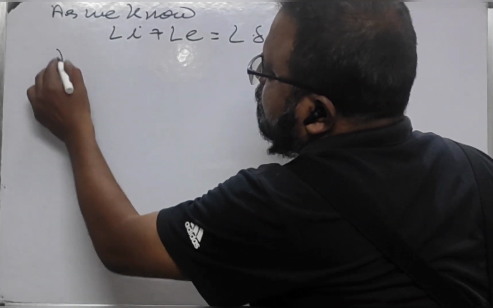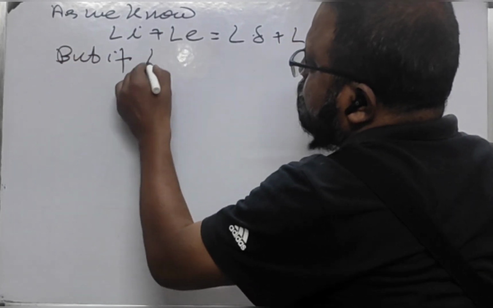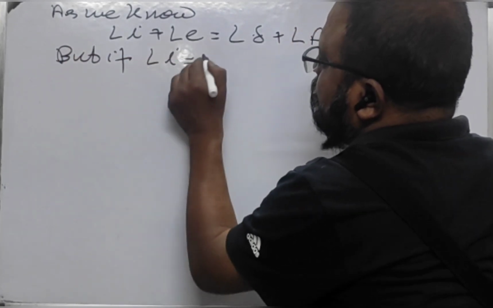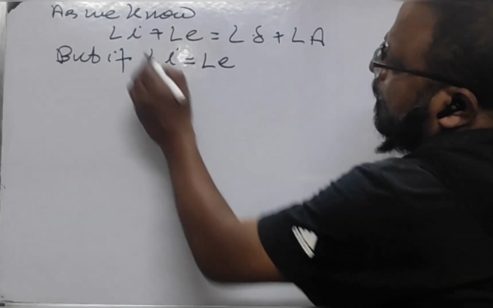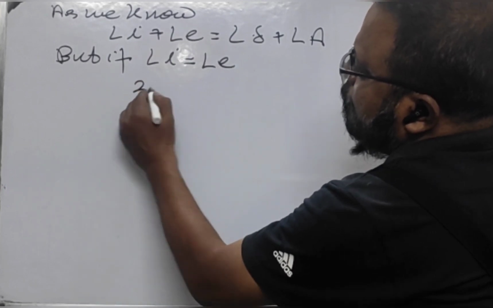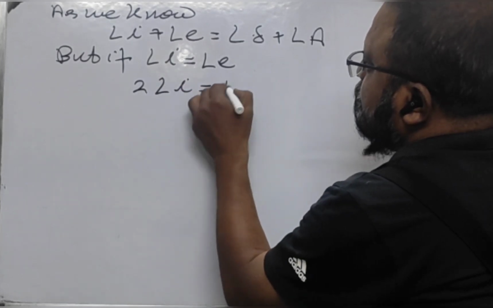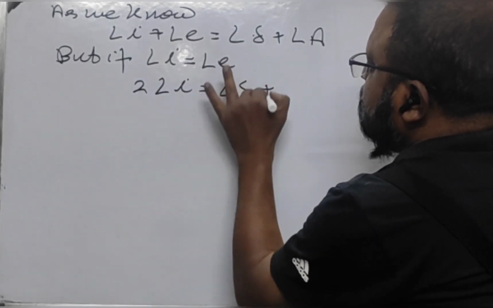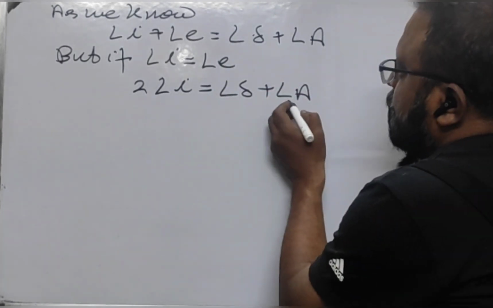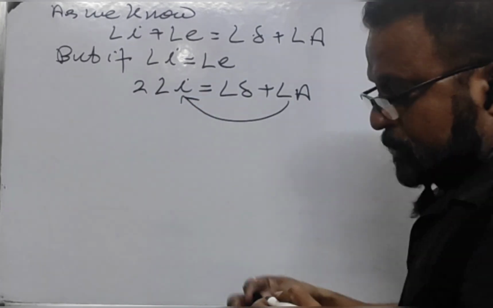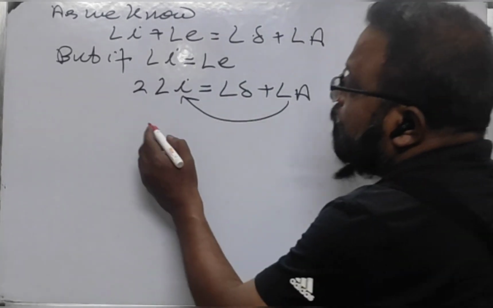But if angle of incidence is equal to angle of emergence, in that case, you can write 2 angle I is equal to angle of deviation plus angle of prism. We bring this angle on this side, so we call it angle of minimum deviation.